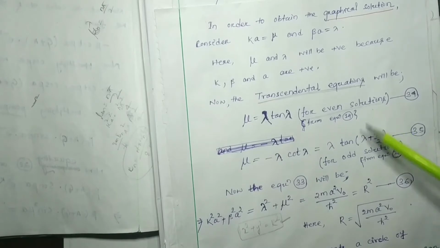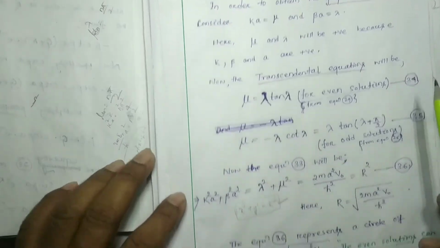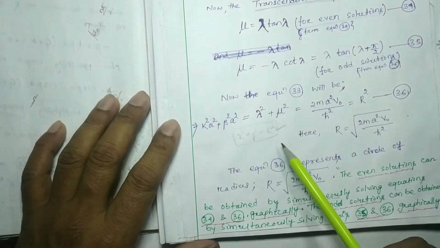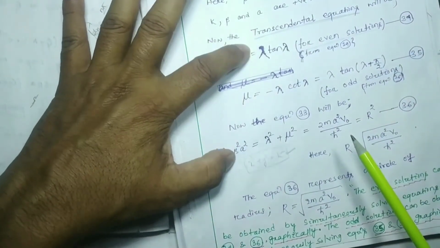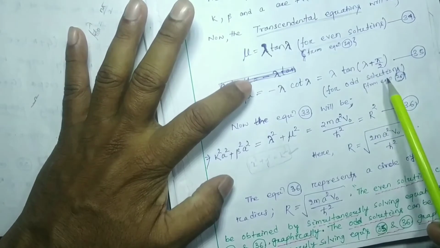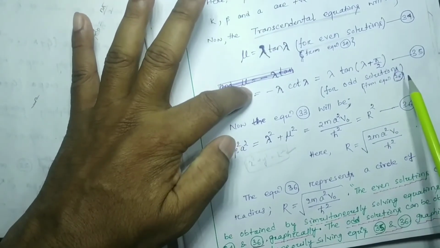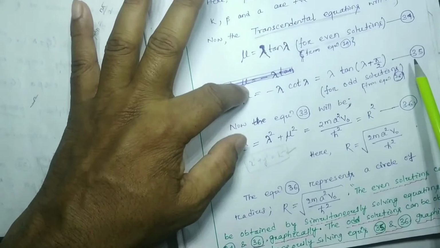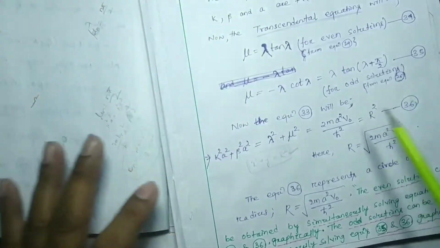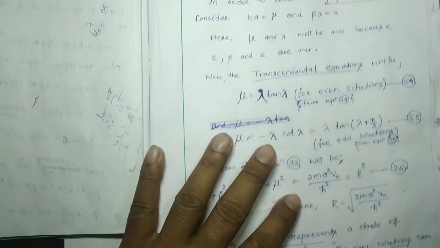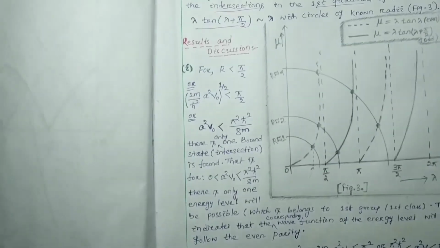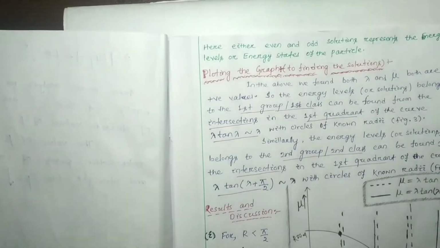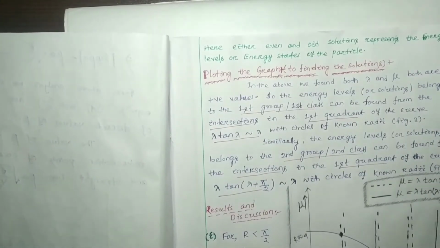So the even and odd solutions are going to be separately evaluated if we consider 34 and 36 simultaneously graphically, and odd solutions can be obtained by considering simultaneously equations 35 and 36 and solving graphically. So that we are going to do in our next page. That is your page number 10.